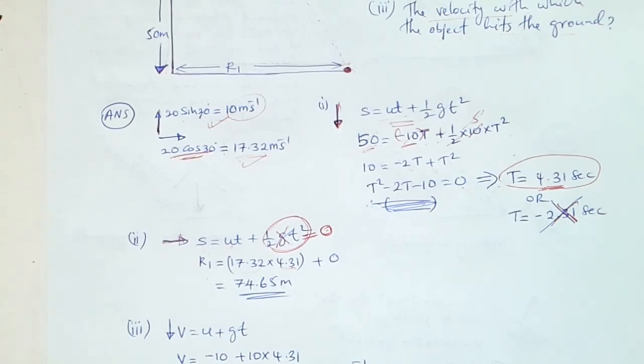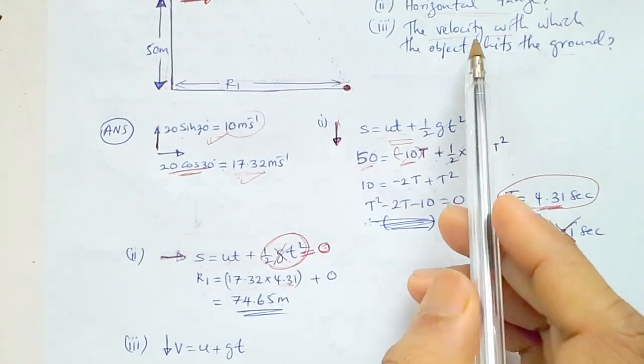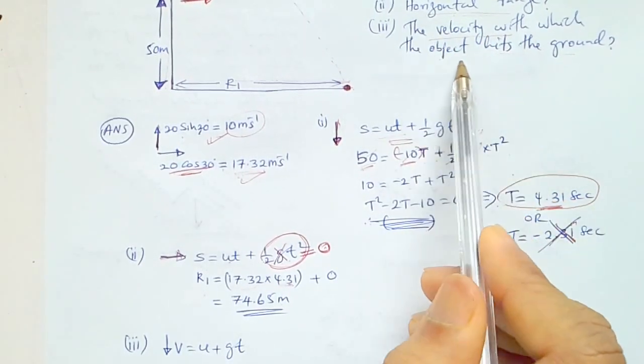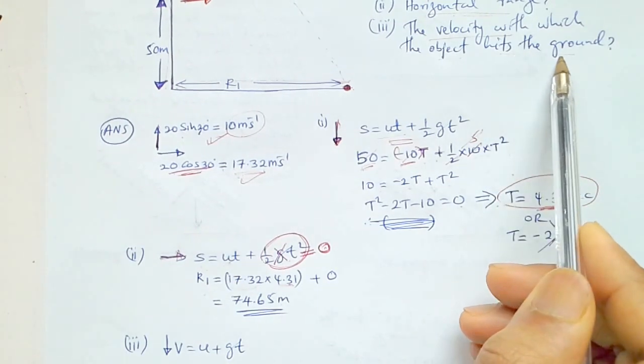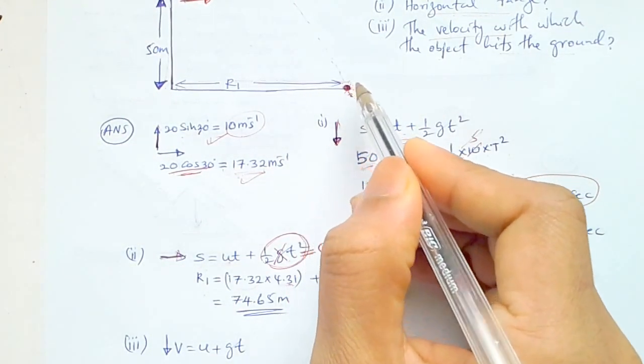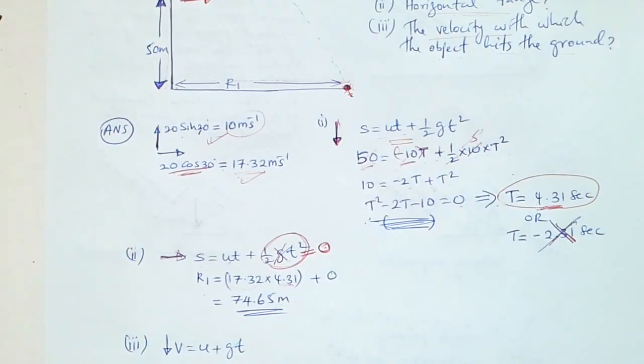And the third part of the problem is you need to find the velocity with which the object hits the ground. Meaning when the object reaches the ground, what is the speed of the object? How do you find it?